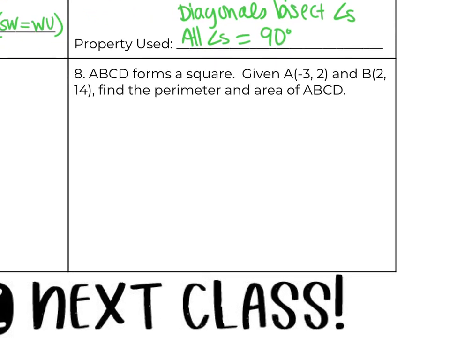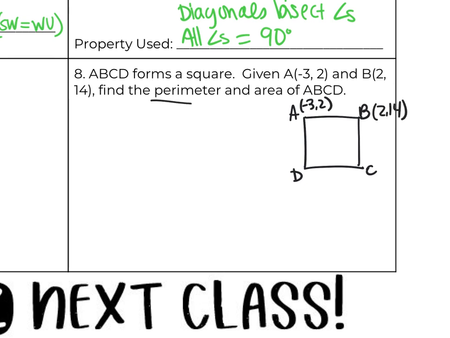All right, and 8. ABCD forms a square, so if it helps you to draw that out, you can. Given A is (-3, 2) and B is (2, 14), find the perimeter and area, so I'm doing both here, of ABCD. Again, we want to start off by finding the length of AB using our distance formula.